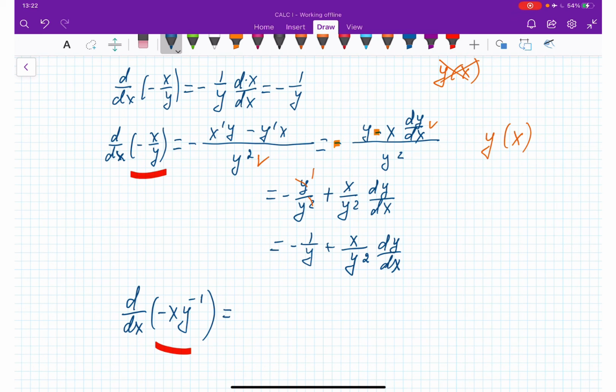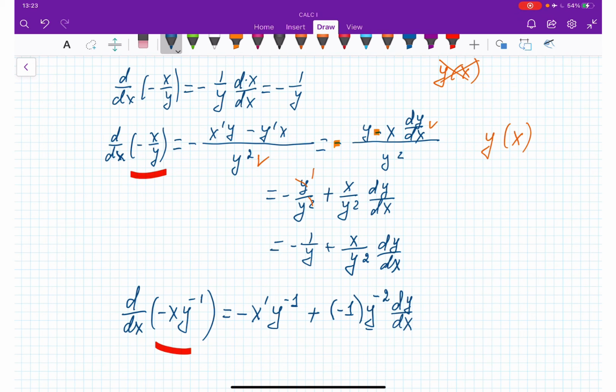Here I'm getting negative, so it's going to be the derivative of x times y to the negative 1, plus the derivative of y to the negative 1 times x. So negative x prime times y to the negative 1, and then plus the derivative of y, which is negative 1 times y to the power negative 2, by the chain rule, times dy by dx.